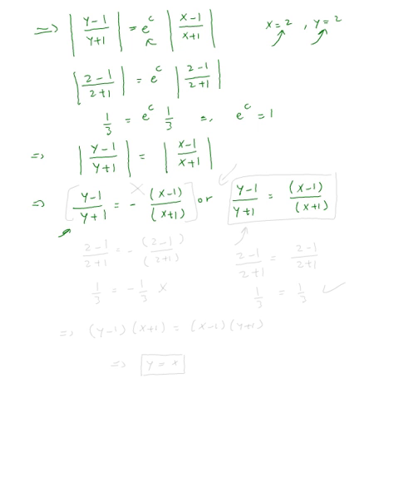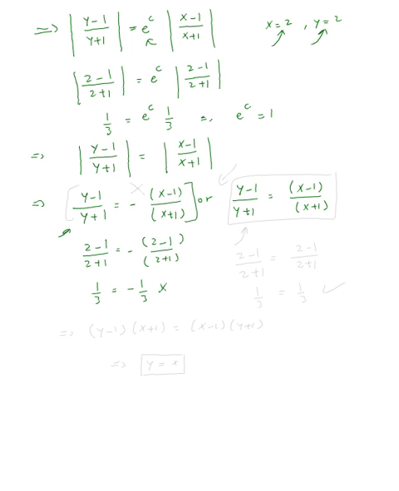If we use the first one, let's plug 2 for y. Then we're going to get 1 over 3 is equal to negative 1 over 3. Doesn't make sense. So this cannot be a solution.